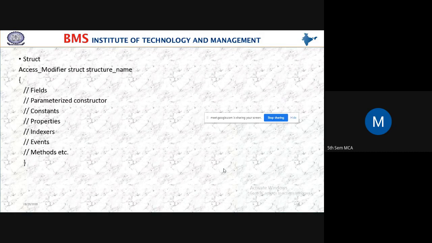Heterogeneous means different types of data types. In structure, you can declare integer variable, character variable, string variable, decimal variable, float variable. You can declare whatever variables you want. And the syntax is access modifier and the struct name.